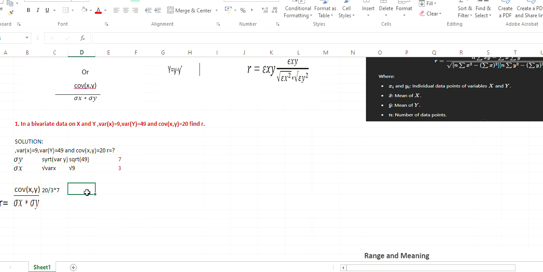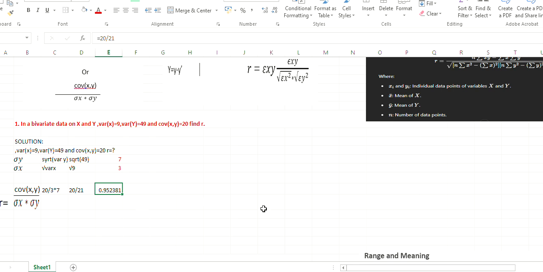So it becomes 20 divided by 21. Since it is Excel, I can directly write 20 divided by 21. What is the value?